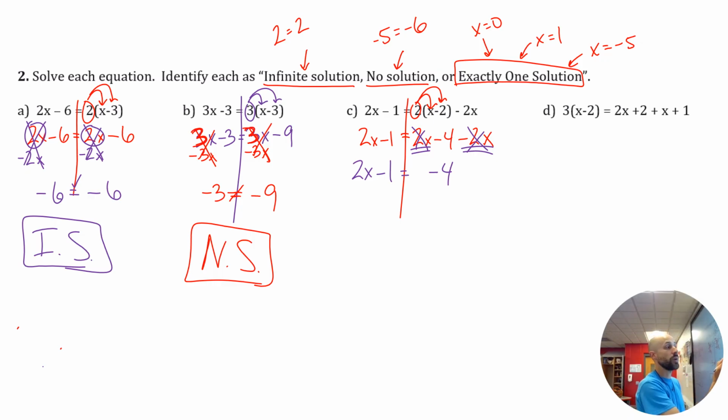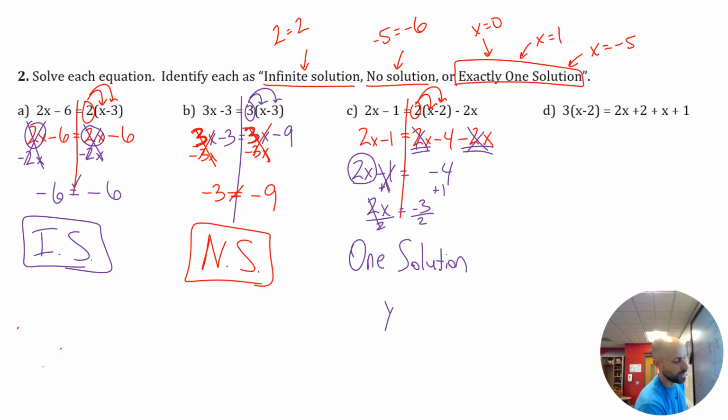And now notice I do have still a variable term though. I still have a variable on this side. Okay, so we can finish solving this, but what I know is that there will be one solution. Right, one solution. And so if you add 1 to both sides, I have 2x equals -3. Divide by 2, and that one solution is -3 over 2.